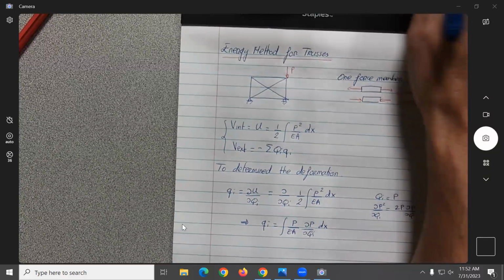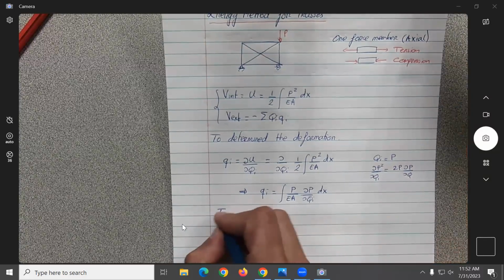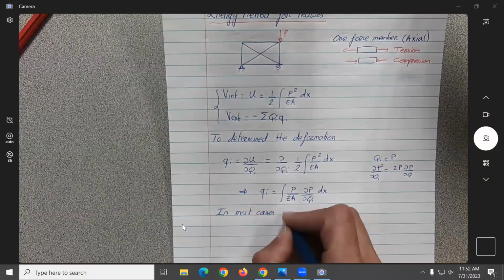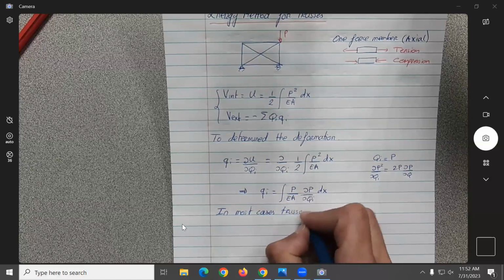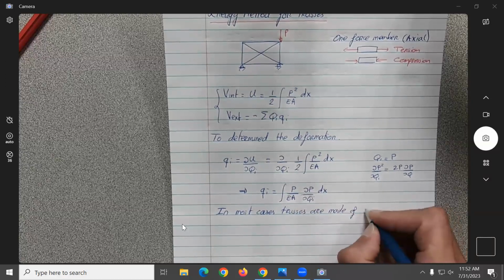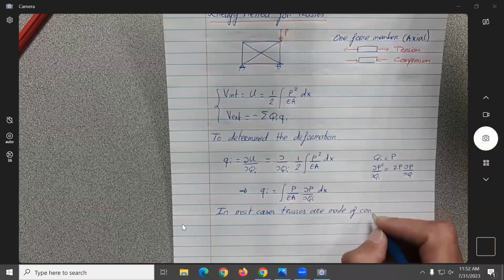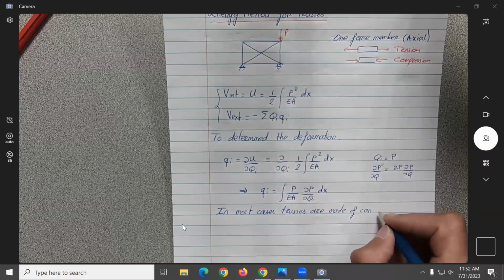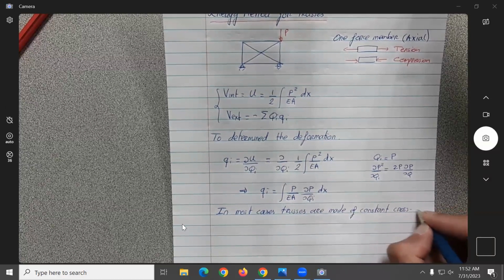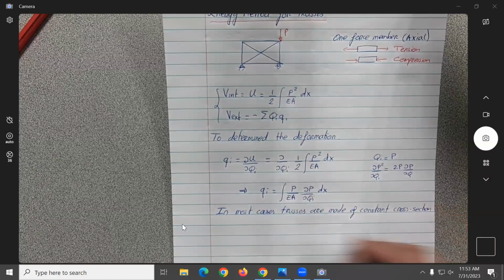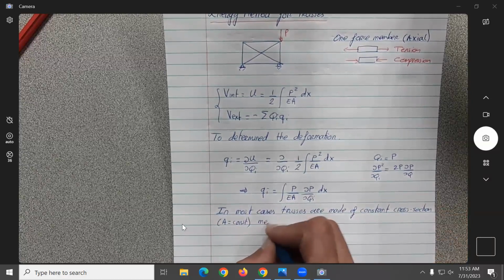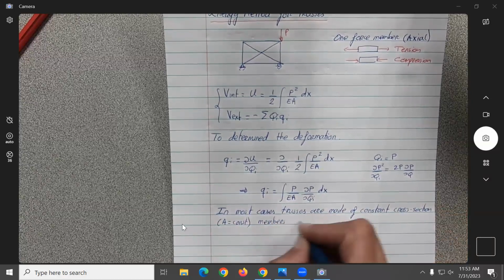All right, so now in most cases, which is going to be in this class, trusses are made of constant cross section, so basically A equal to constant, members.